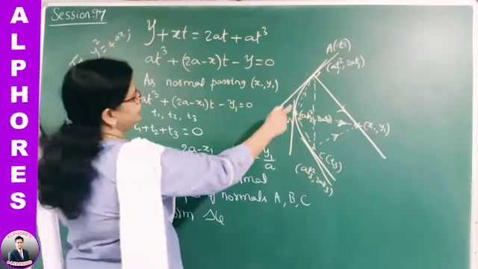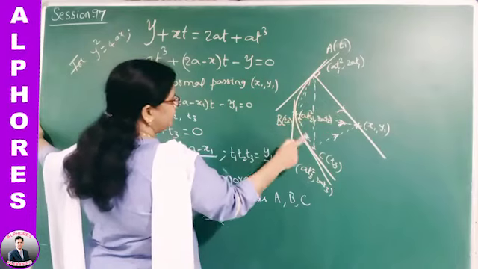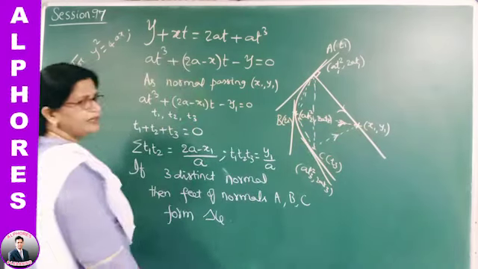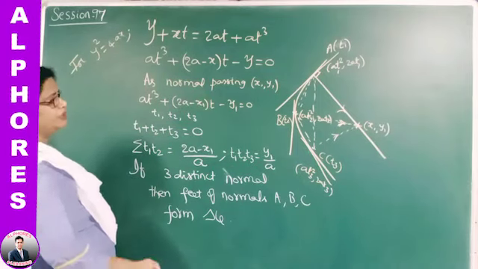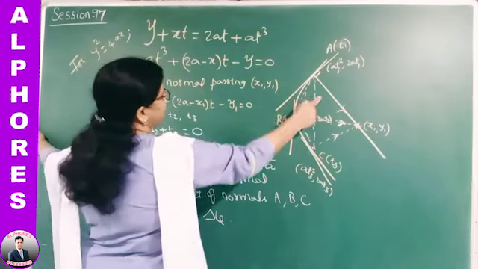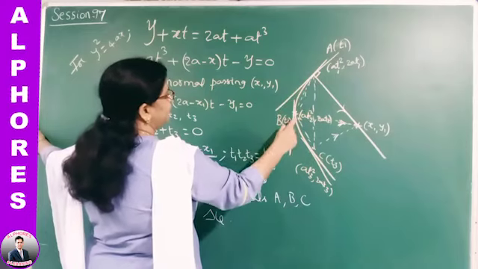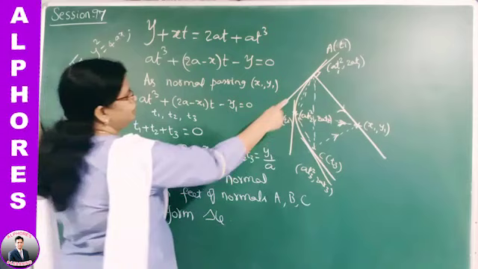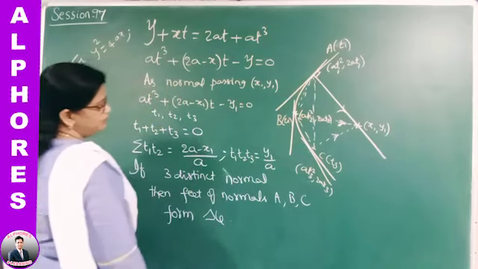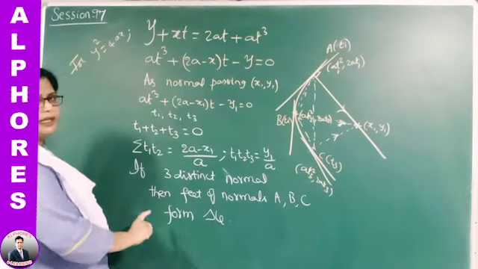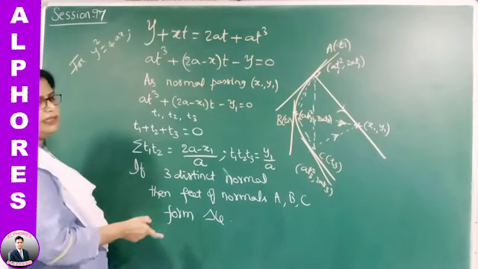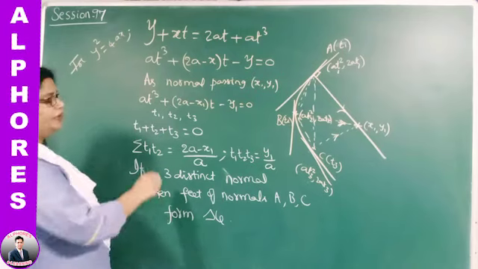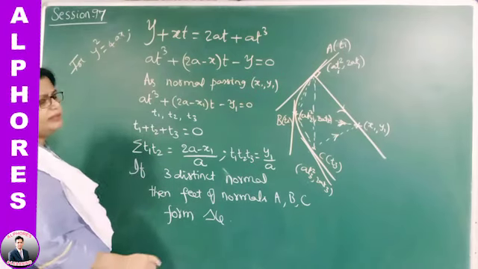Therefore, if 3 distinct normals are drawn to a parabola from a point (x1, y1), the 3 points are non-collinear and form a triangle. Our interest now is the centroid of this triangle, which involves this kind of value.